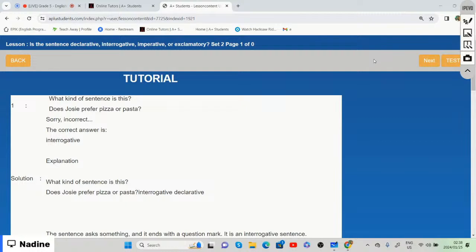Imperative, right? Imperative is basically like a command and it ends with a period.